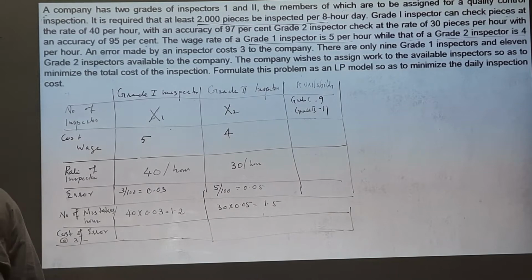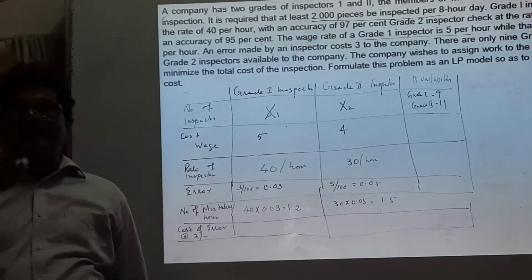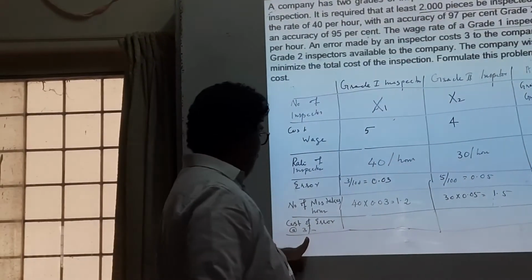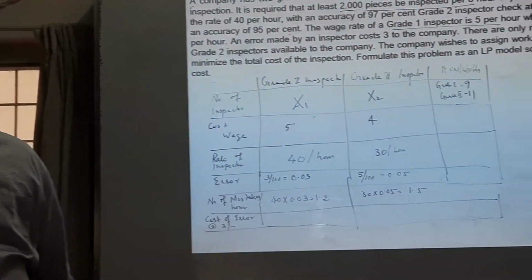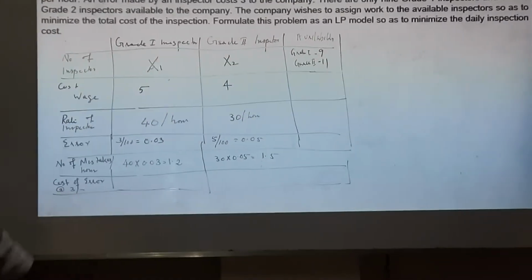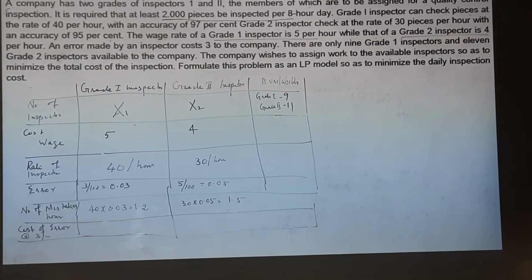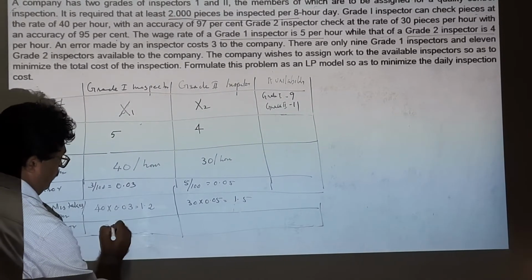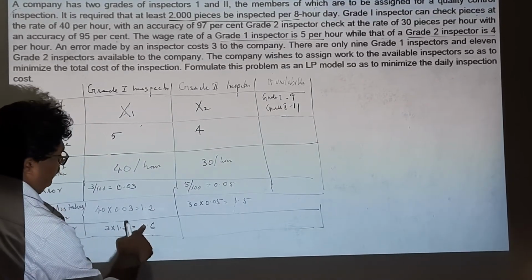So in 1 hour, 1.2 mistakes by a grade 1 inspector. What will be the total cost to the company? 1.2 into 3, correct? Because for every mistake, the company has to afford 3 rupees. So 3 into 1.2 is equal to 3.6.